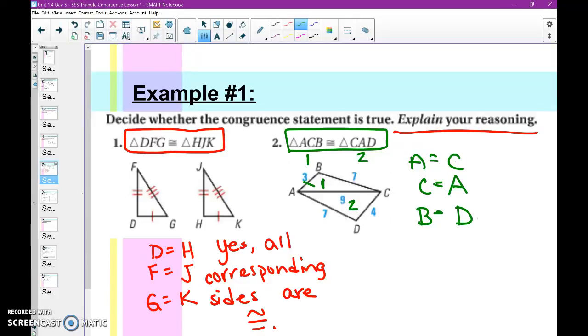So let's check that. Does this match with this? Well, this one they don't give us tick marks, but they do give us numbers. And what we have here is a little issue. AB is 3, CD is 4, and they're supposed to be congruent to each other because they're the corresponding sides. Obviously, 3 doesn't equal 4, so that means that AB is not congruent to CD.